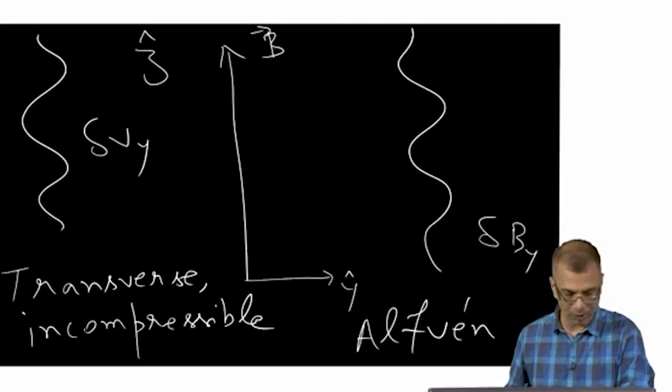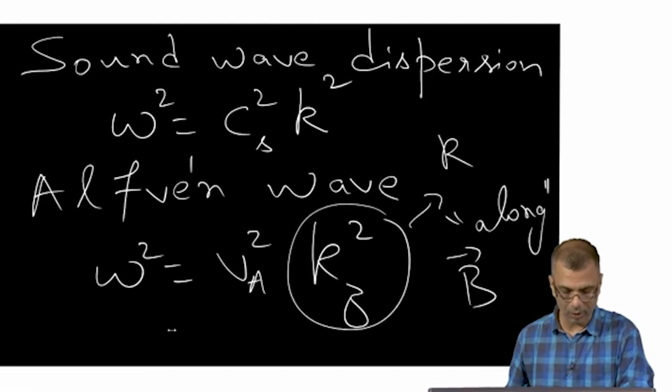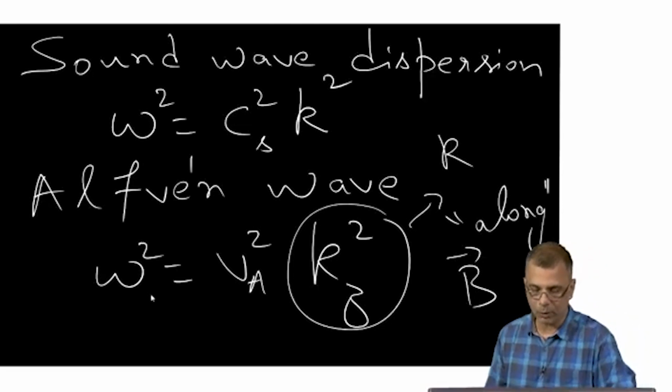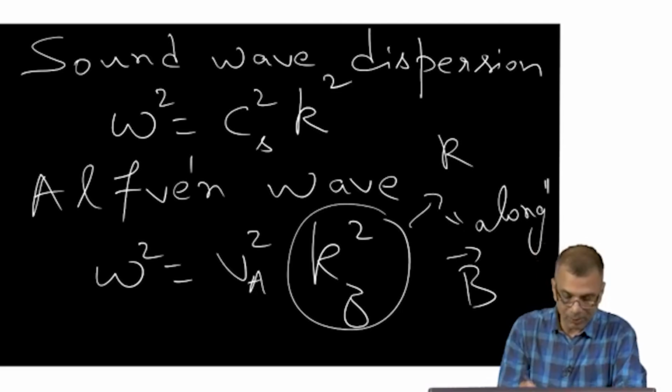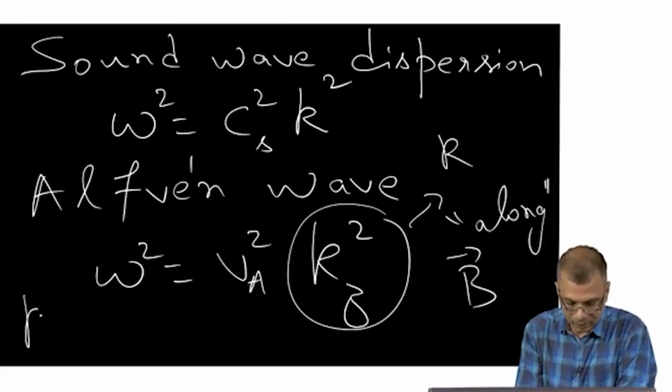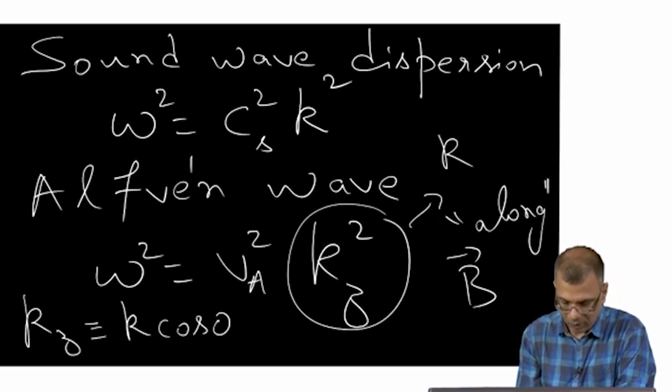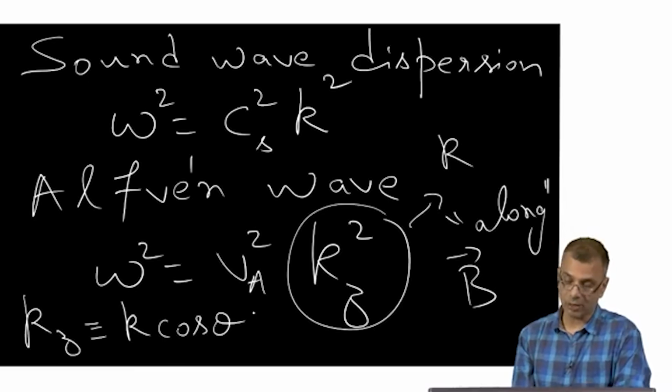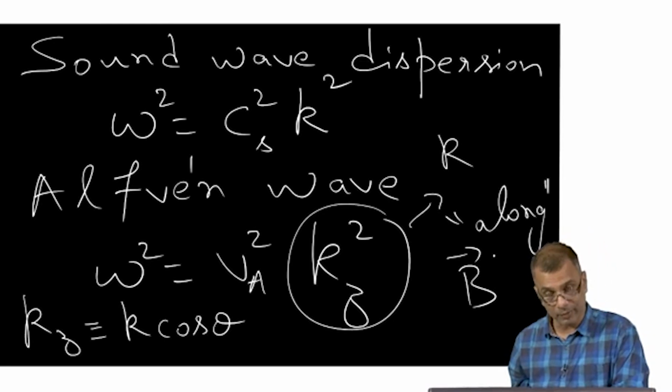Although, if you remember here, you see the Alfvén wave dispersion relation looks like this, right, where the k sub z is really k cosine theta. So there is a theta dependence in the Alfvén wave dispersion relation as well.